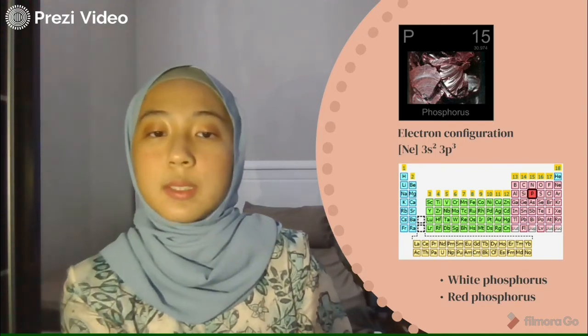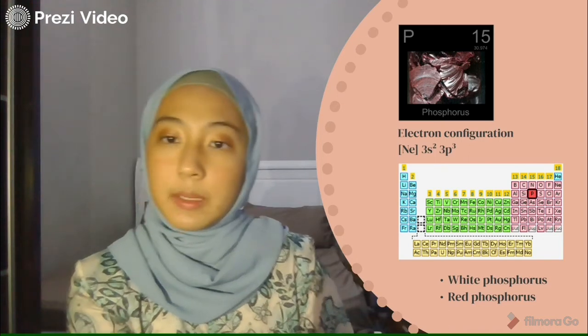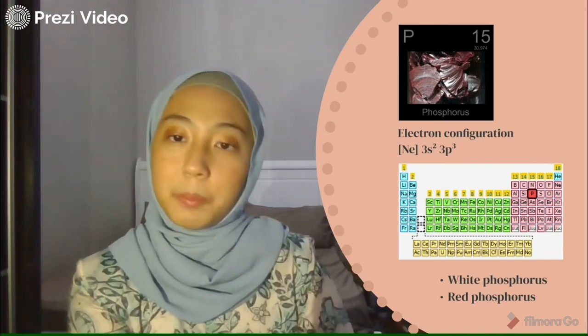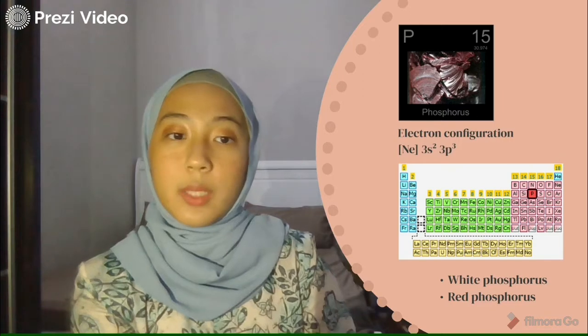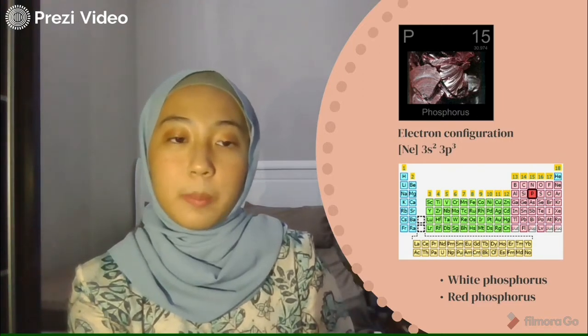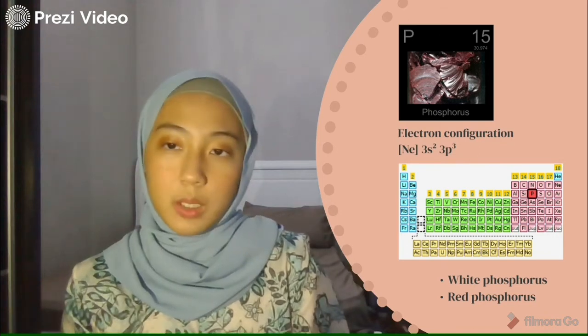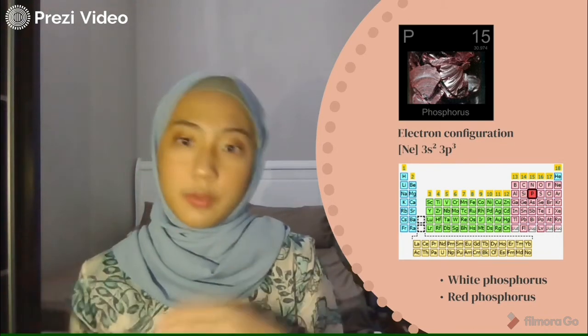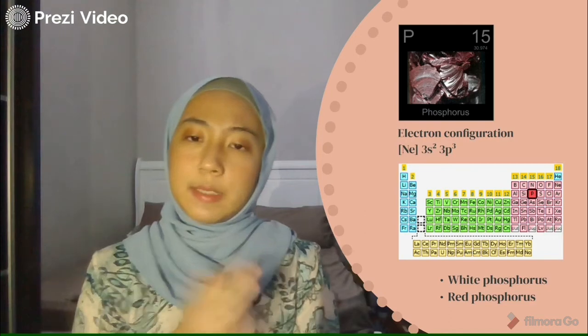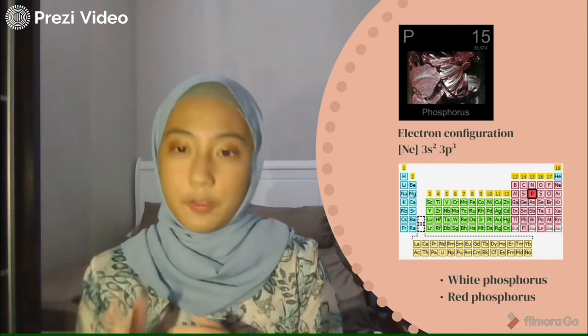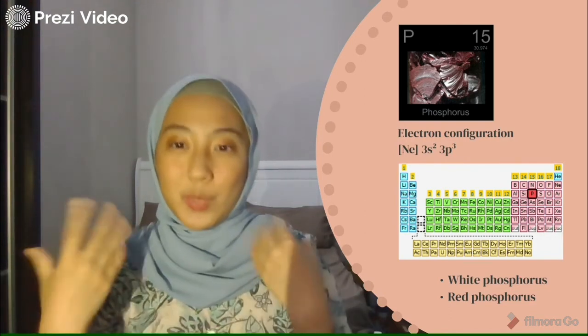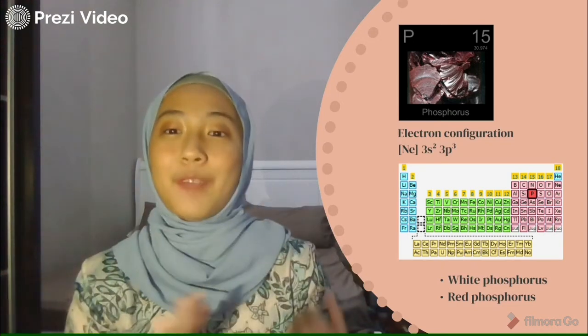Okay, so its position in periodic table is in group 15 and period 3. So as you can see here, it is in the black box right here, and its major form of phosphorus is first white phosphorus and red phosphorus, which we will go into details later by my friend Nur Shazwina.